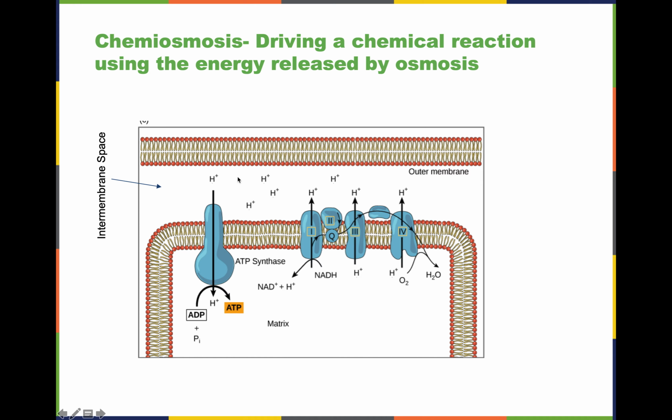Since there's a lot of potential energy built in here, they're going to go down. Energy is released, which allows the ATP synthase to synthesize ATP. So that energy is converted to the chemical energy of ATP.